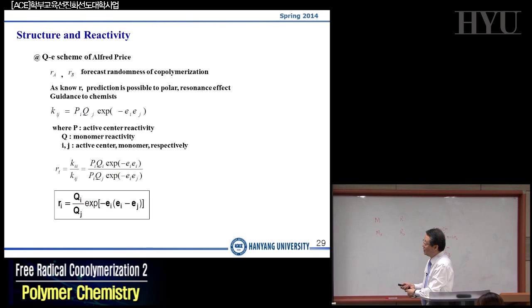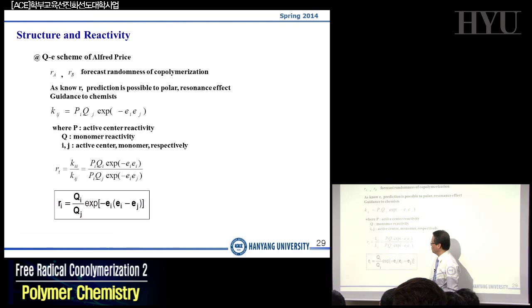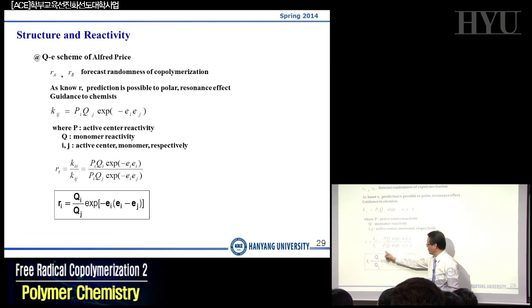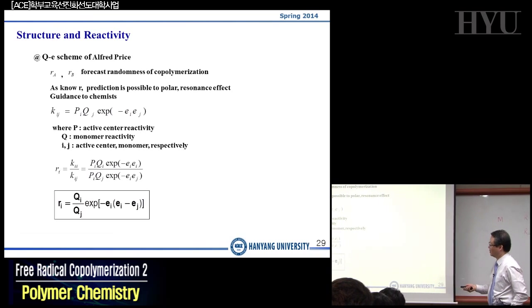Kij is given here, and for Kii you replace j with i. Here you can cancel the same Pi up and down, leaving Qi and Qj, and rearranging, exponential minus Ei times Ei minus Ej.